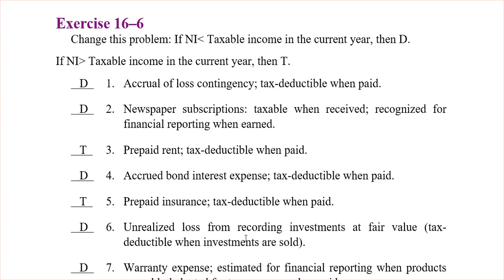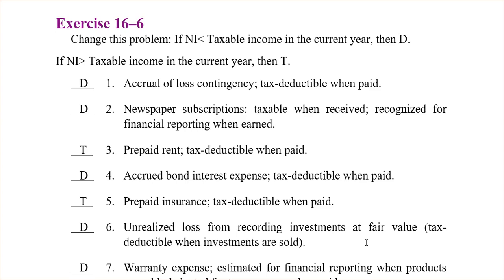The unrealized loss from recording investments at fair value, what about this? What does this mean? This means that you are going to adjust the value of the asset. And remember in the chapter, if you're so inclined to think about assets or liabilities, the associated balance sheet accounts that go with the transactions, you could do that.